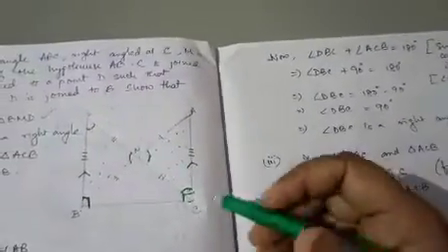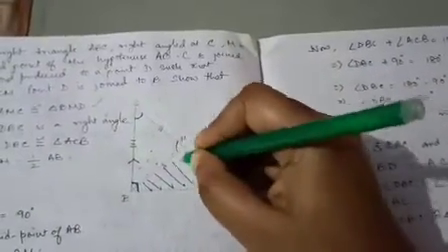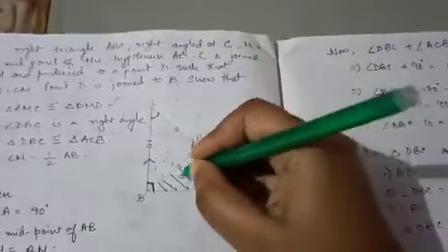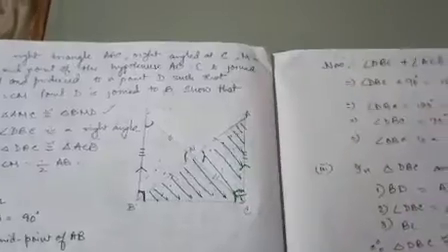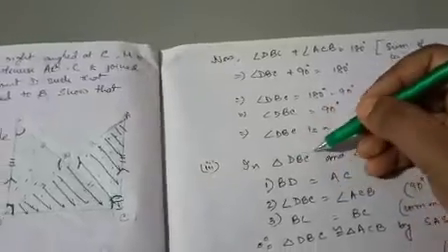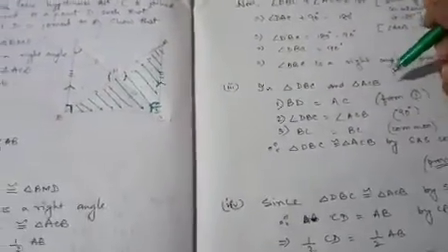Now the third proof was to prove triangle DBC is congruent to triangle ACB. Now we change to the shaded triangle and the dotted triangle, the right hand side triangle as well as the left hand side triangle. In triangles DBC and ACB, what have we seen?